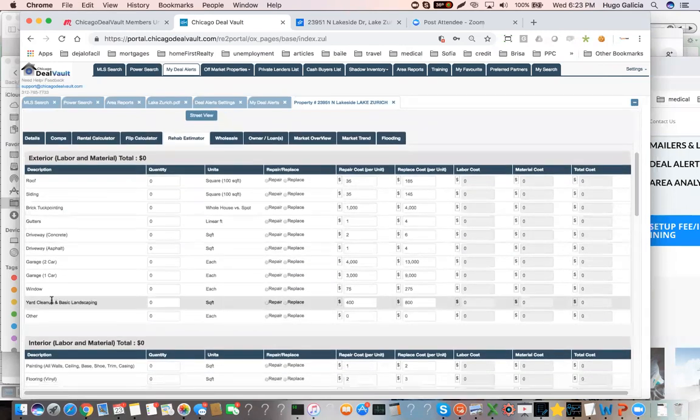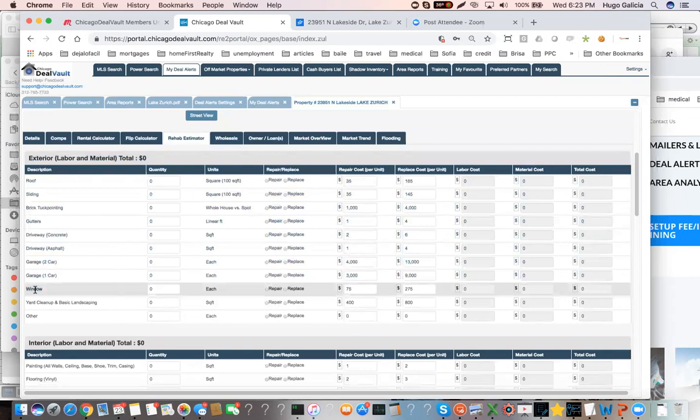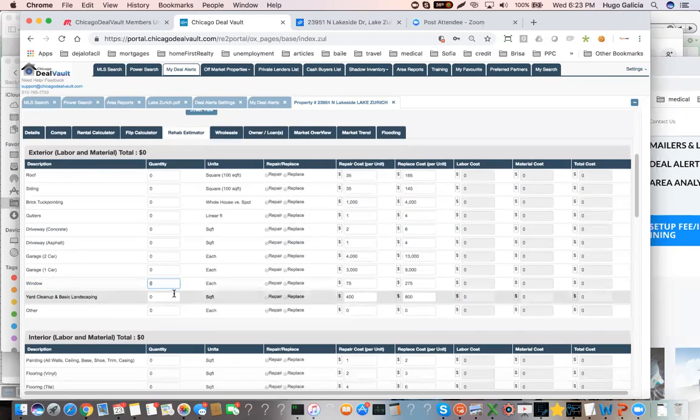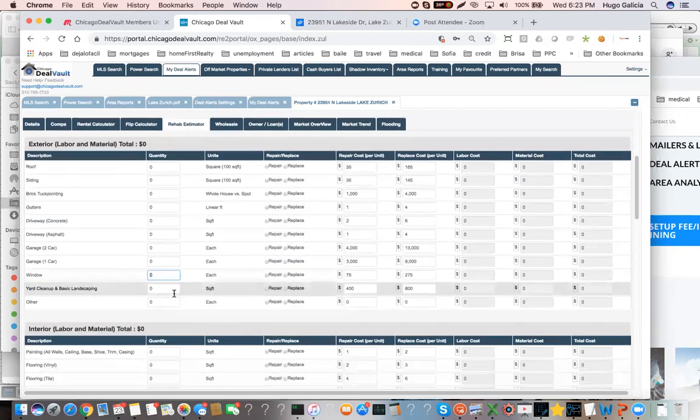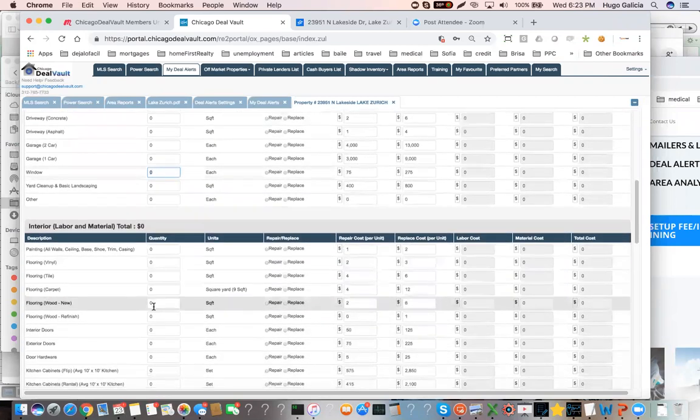So in this case, here we have windows. There's no way by looking at the pictures that we're gonna know whether we need to do anything with the windows, the roof, or the siding, right? But I'm just gonna tell you, we had to replace 23 windows at $425 a piece. Okay, so here we're gonna go into the interior.